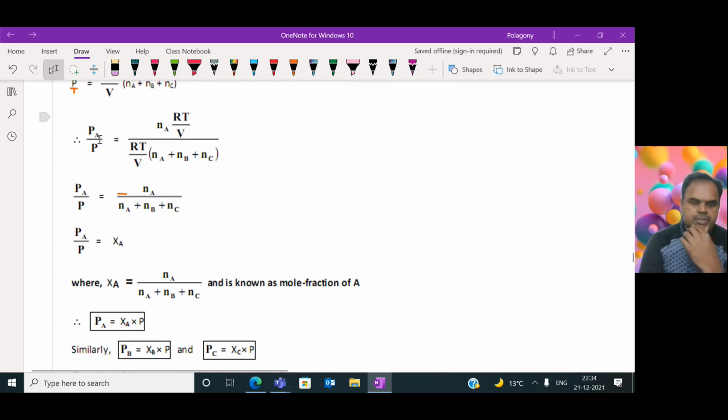Now the partial pressure is divided by the P total.